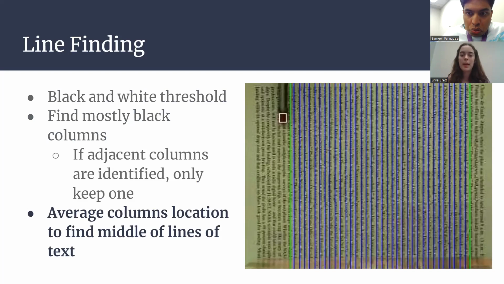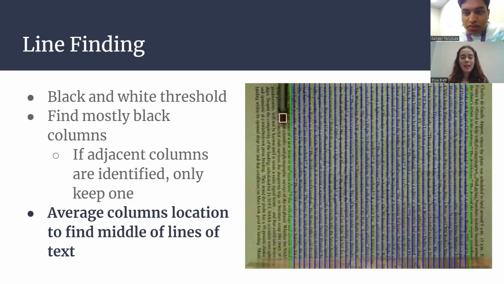However, sometimes you would get multiple columns between the lines of text right next to each other, since there might be a few different pixel gaps between the 2 columns. So we would only take one out of all of those adjacent columns and filter out the rest. Finally, as you can see here, we took the average of those columns that we found in between each line of text in order to find where the actual line of text is itself.